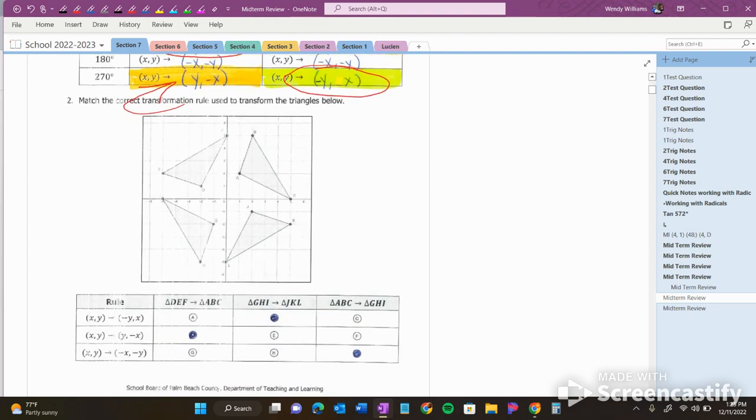Looking at the example in number 1, triangle DEF is rotated onto ABC. If you look at the rule, we can see that it's switch and change the first, which is 90 degrees counterclockwise, which just simply puts me here.